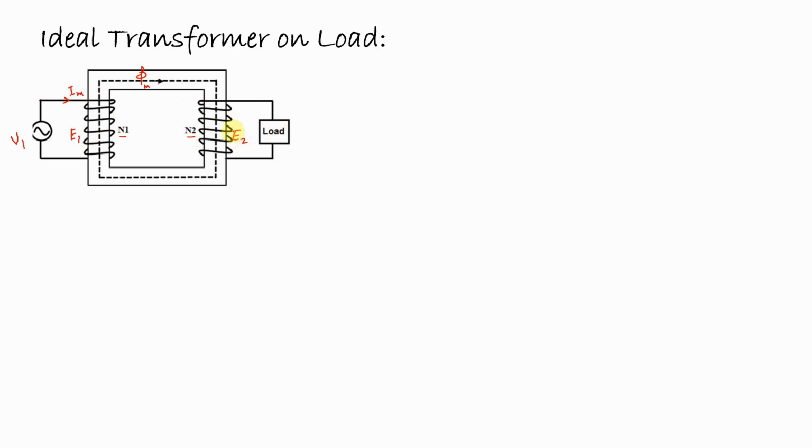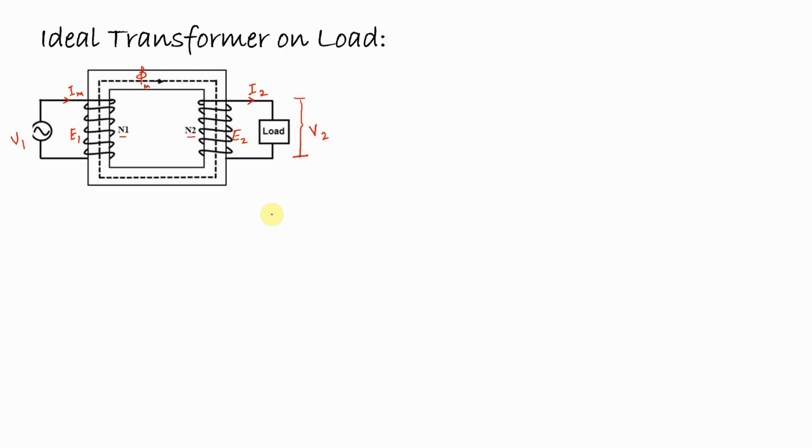Till now there was no current in the secondary side, but as we connect a load, the circuit will be closed in the secondary side also. So a current will start to flow in the secondary side, and this is represented as I2. And the voltage across the load will be considered as V2.